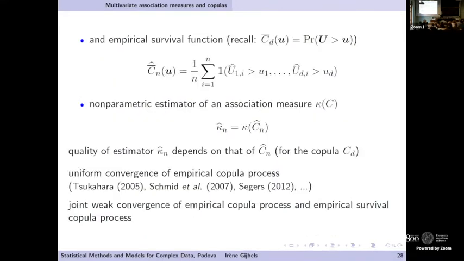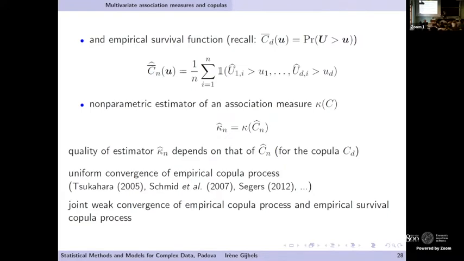And of course, if you have the survival function coming up, that's equally well. And if your kappa_D, I dropped the D here for simplicity, is a known functional of C_D, you basically replace C_D by the empirical estimator, or even the C-bar when it's appearing, and you can get to an estimator quite easily.